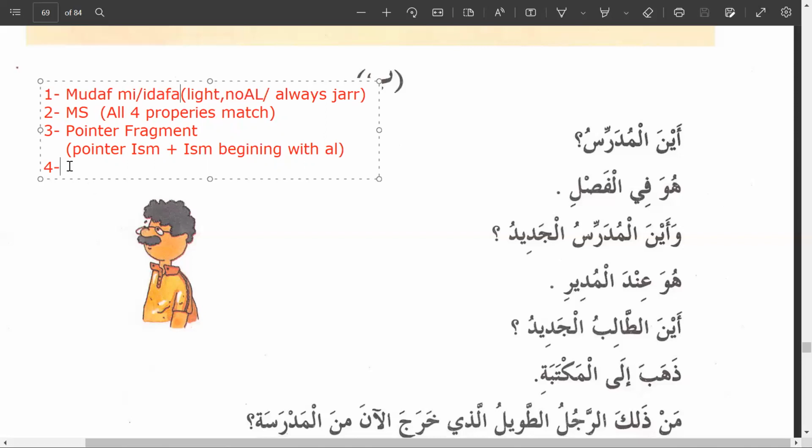What about harf jar, special mudaf, harf of nasb? What about jar plus jar majroor? So what is special about it?